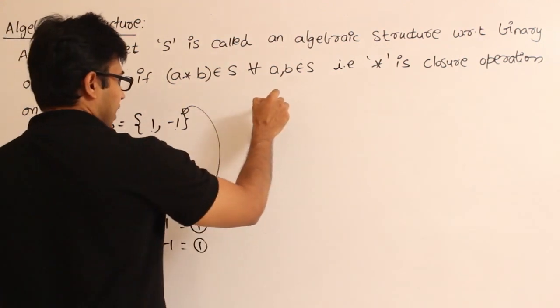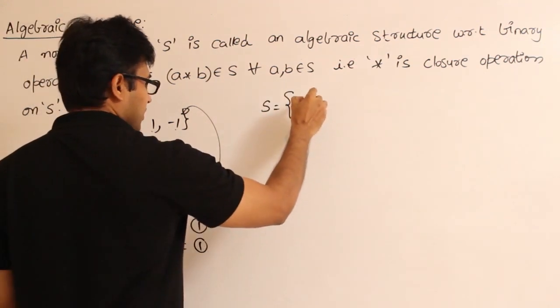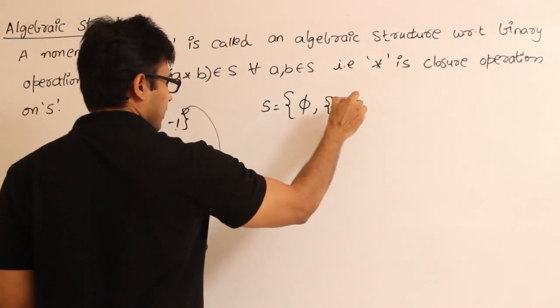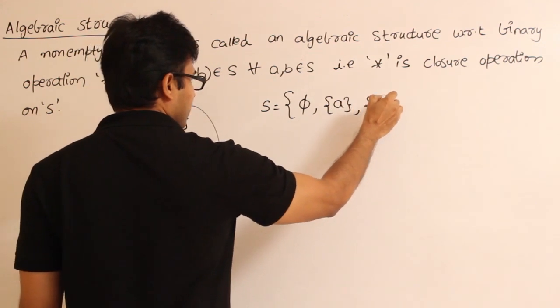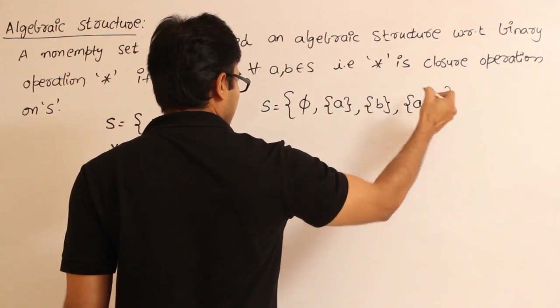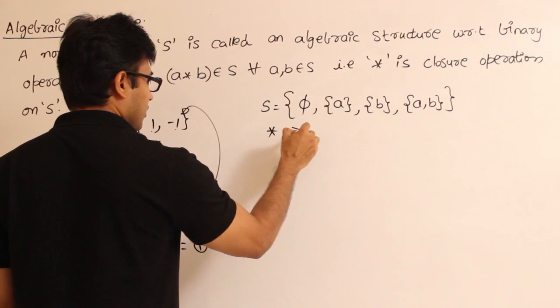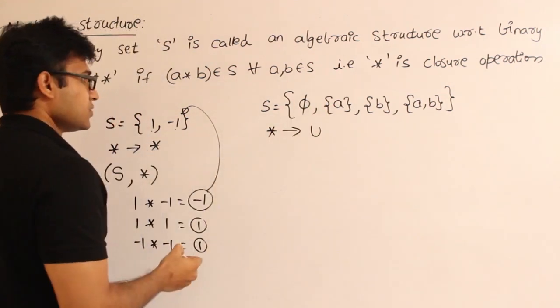Let us say capital S is a set of sets. Okay, so one is 5 (the empty set), A, B, and then AB. So capital S is a set of sets, and let's define an operation star. In this case, let's say it is union.